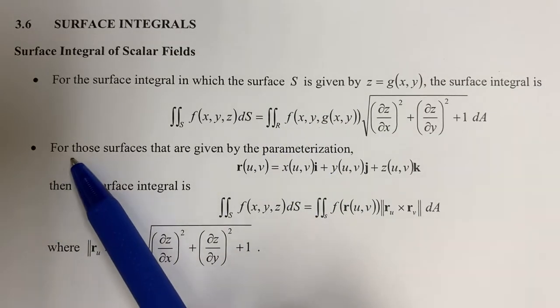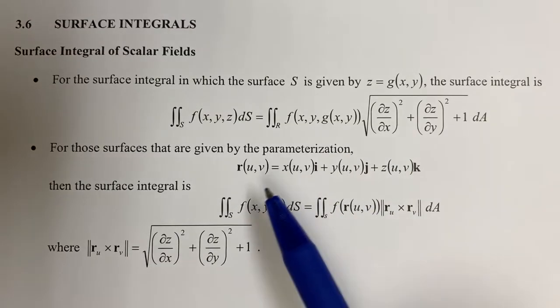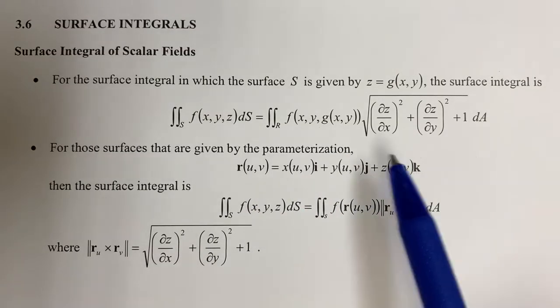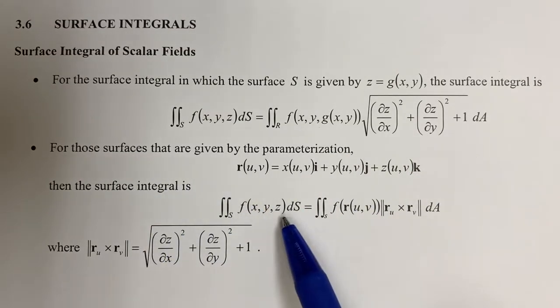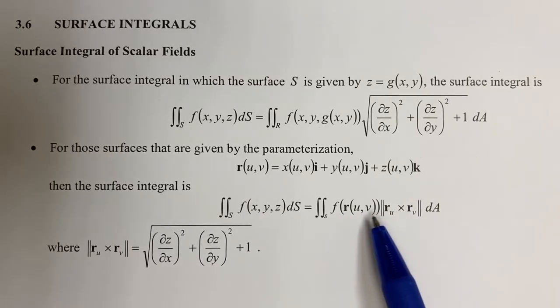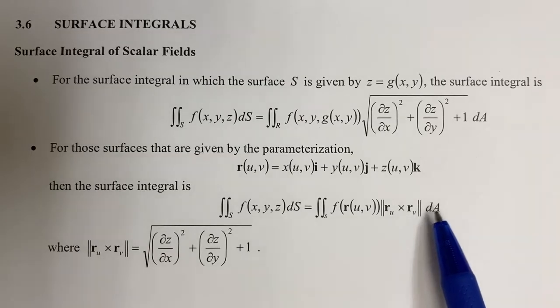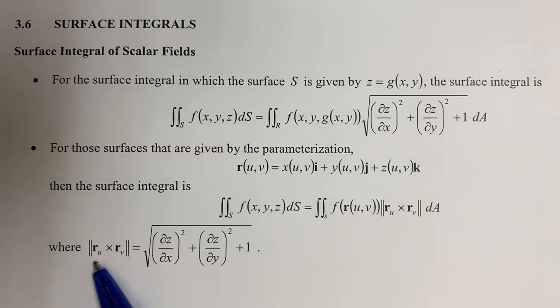For those surfaces that are given by parametrizations, the surface integral is the double integration of f(r(u,v)) multiplied by the magnitude of r_u cross r_v dA. So you know this r_u cross r_v; we derived this before.